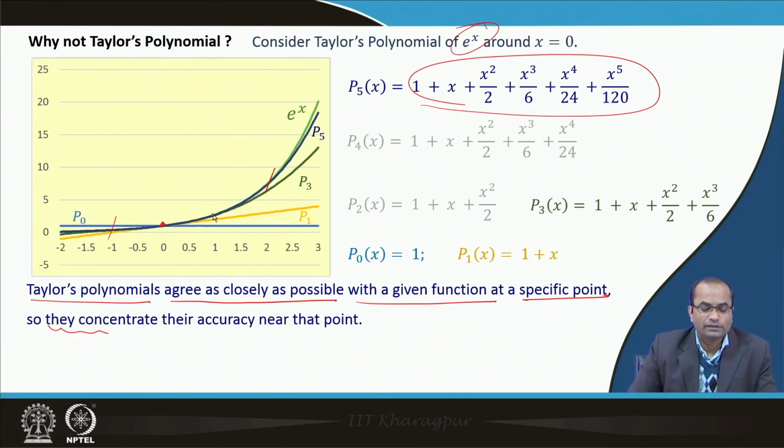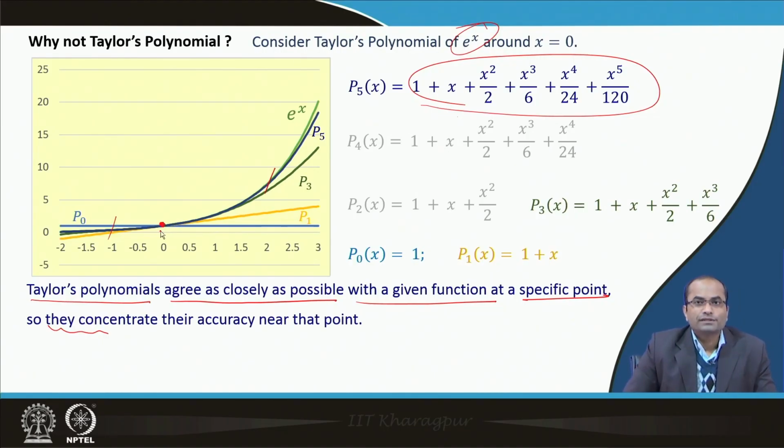The second point here, to construct the Taylor's polynomial, we do need information of that function at x equal to 0. So, we need the function value at that point, we need its derivative, second derivative, third derivative and so on, depending on what degree polynomial we want to construct.